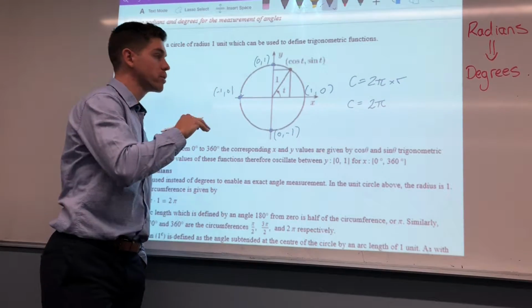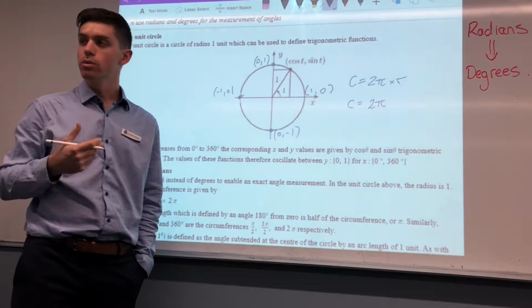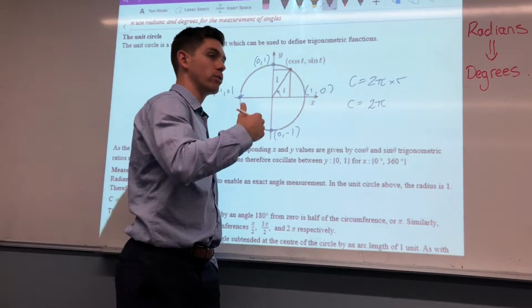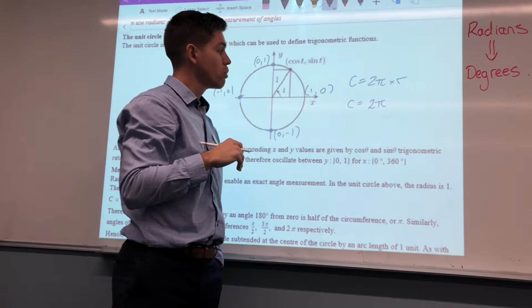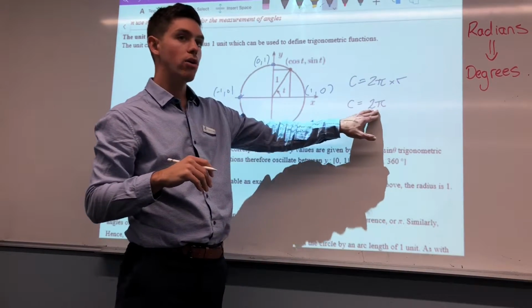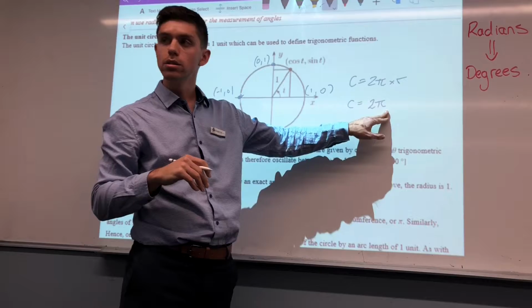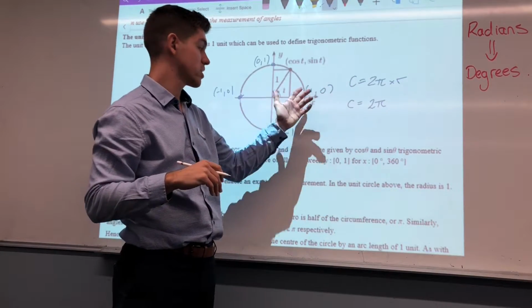Now how does that help us as opposed to degrees? Well, what we're going to have is a measuring system which is always 100% accurate. We don't have decimal places, we're not using irrational numbers. What we're using is a fraction of its exact position.